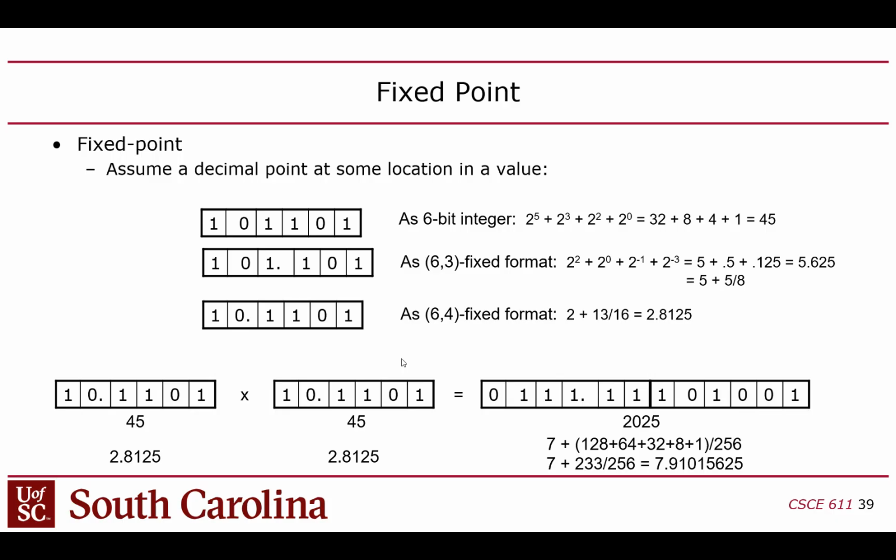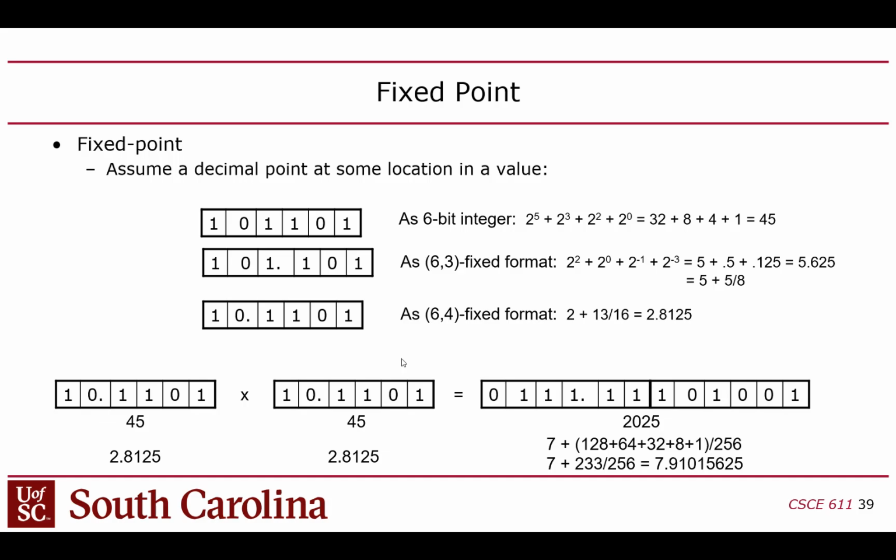That's my resolution or accuracy. My range is determined by the number of whole bits, which is 2 to the number of whole bits if it's unsigned. If it's signed, -2 raised to the number of whole bits minus 1, to 2 raised to the whole bits minus 1, minus 1. Right, for signed. You guys with me?